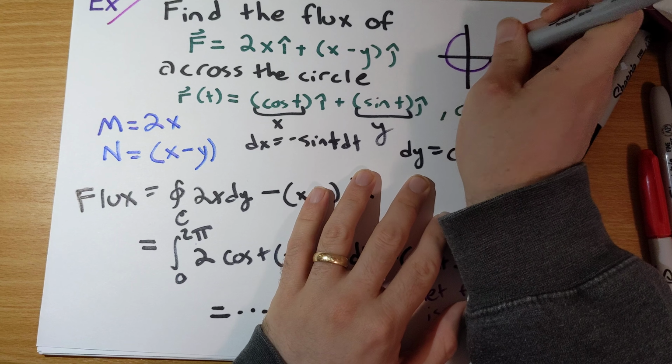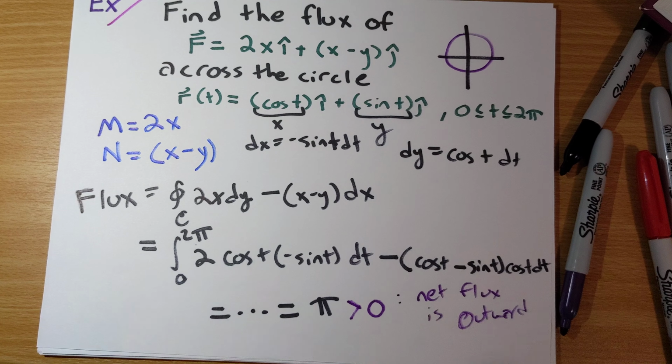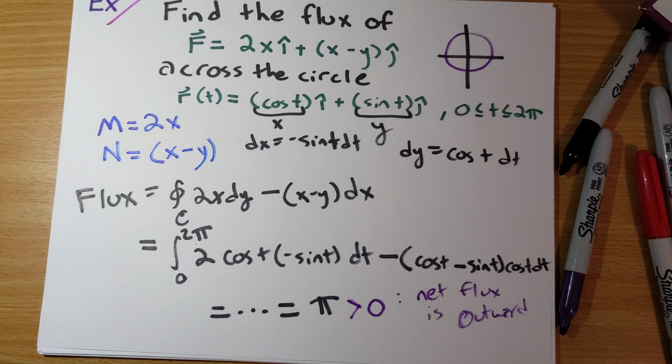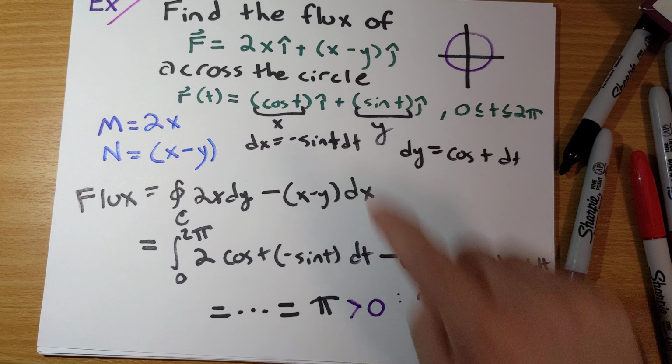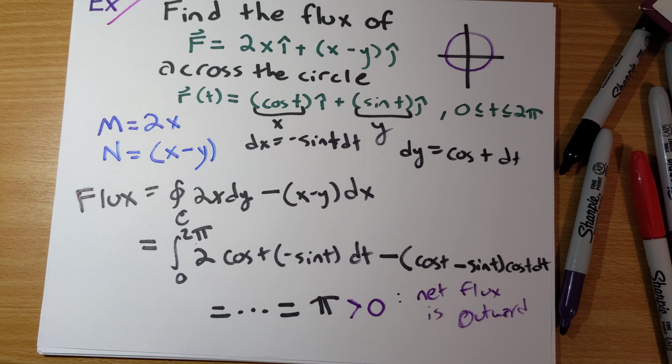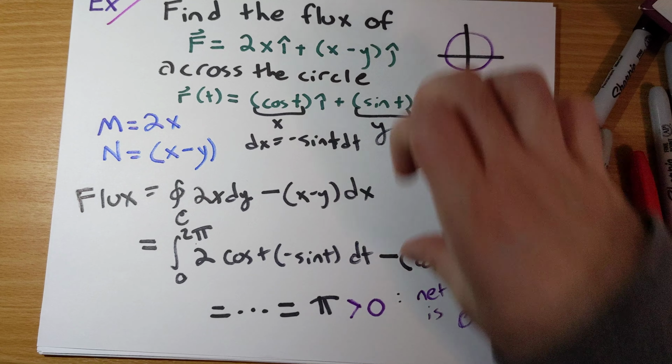So here's our circle. There's some fluid flow here. There's more that is leaving the circle than is entering the circle for this vector field right here. Whatever it represents, we don't know what it represents. There's more flux flowing out than entering.